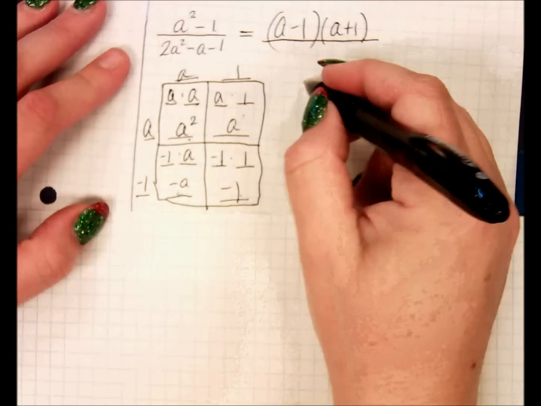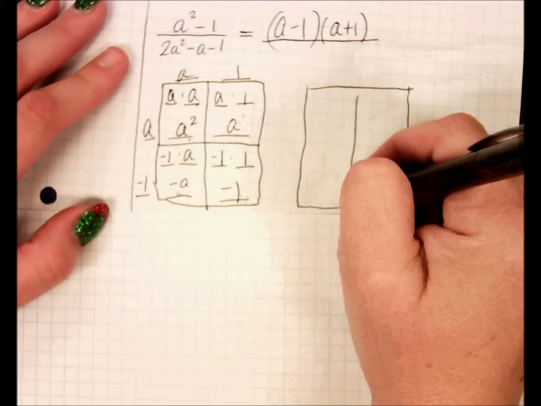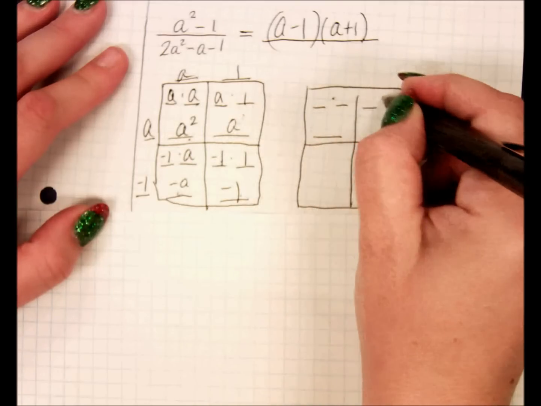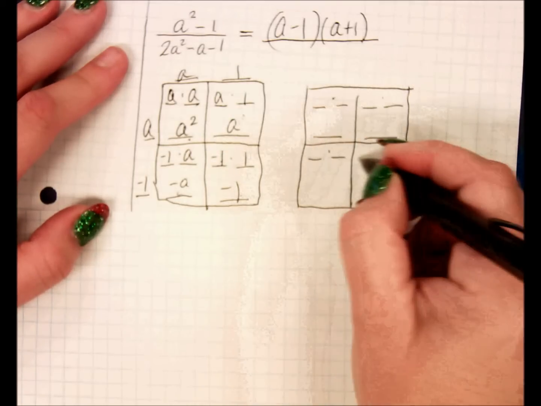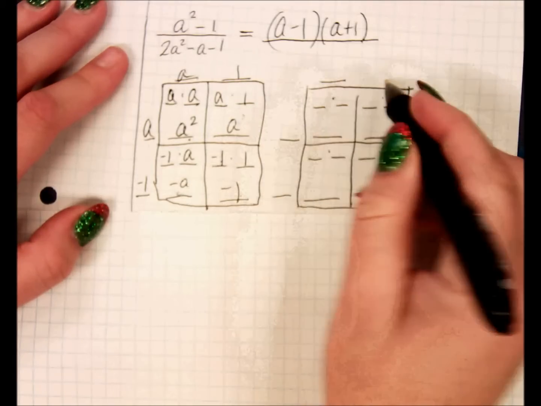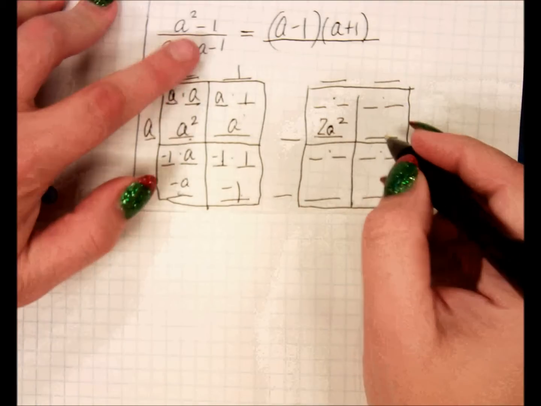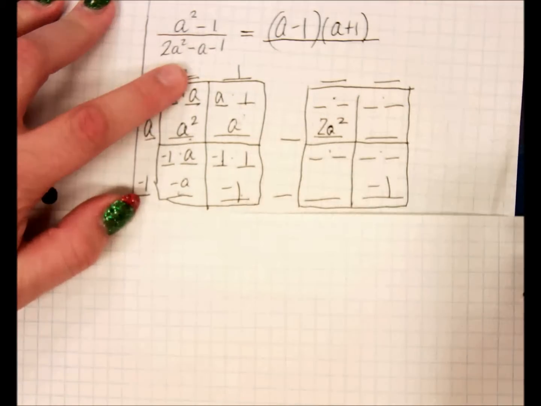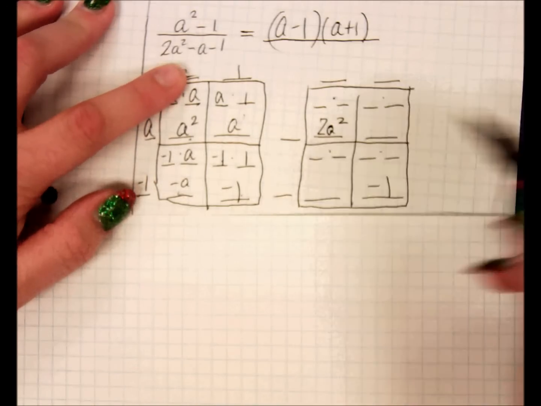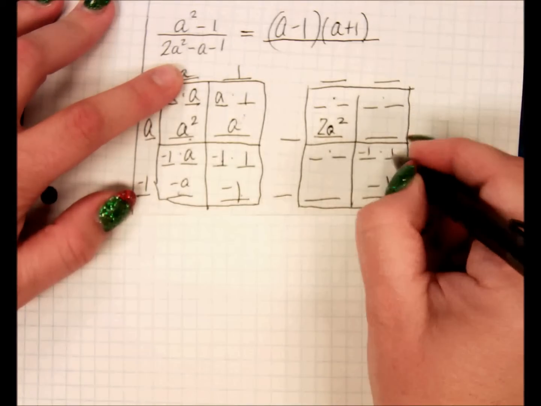Now I'm going to make a box for the bottom part, the denominator. All right, so again, this is 2a squared, and the last number, negative 1. There's a minus a in the middle, so when I add these two together, I know I want to get minus a. So here, negative 1 is negative 1 times 1.